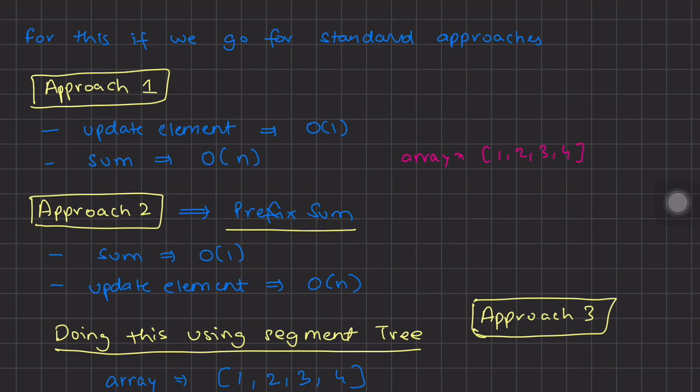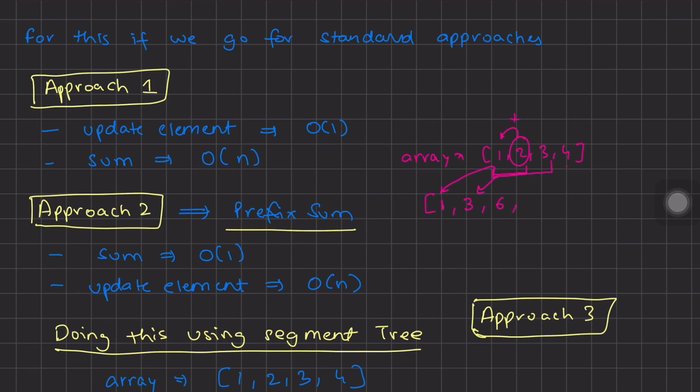Then I make this array into a prefix sum array, and by that I mean the first element will remain 1, then the second element will be this plus the previous prefix sum element. So this will be 3, which means till here the sum is 3. Then from here to here it would be 3 plus 3, that is 6.